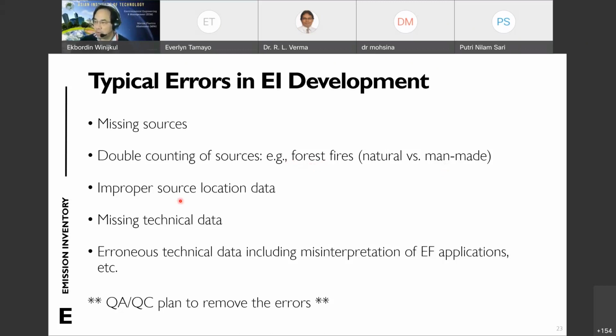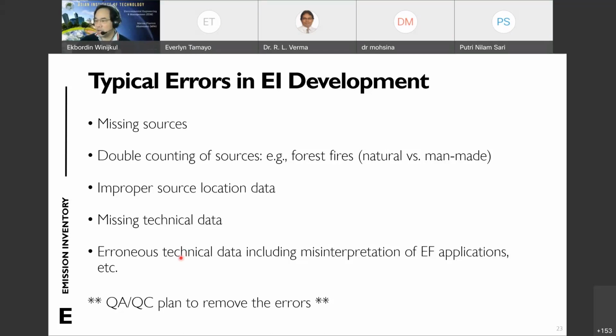Next one is going to be improper source location data, right? This one, you don't know exactly where sources are located, and then you put it into the wrong location. Next one is the missing technical data. For example, you don't know what is the emission control technology that the factory uses, and then you use a different or maybe wrong emission factor that corresponds to a control technology that is not suitable for the existing factory, then the emission inventory is going to be wrong.